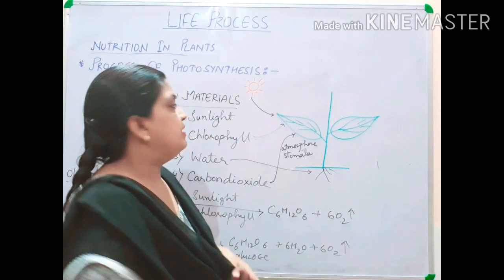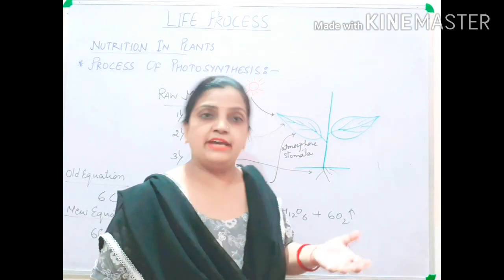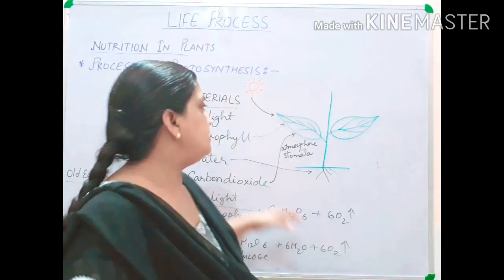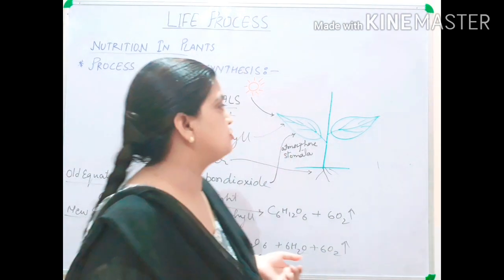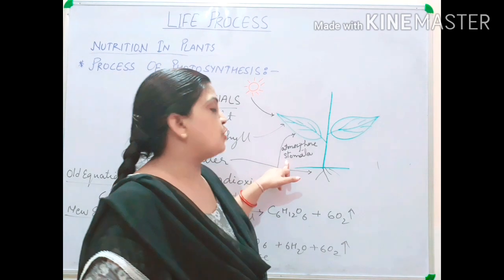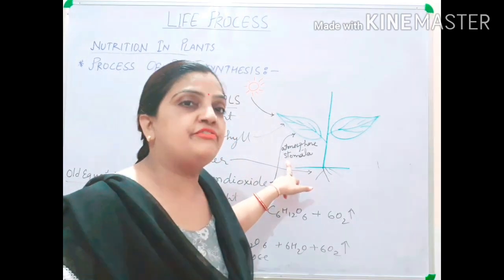So children, it doesn't mean that the non-green leaf portion doesn't do photosynthesis. There also photosynthesis occurs. But in the green leaves, your chlorophyll pigment is present and photosynthesis occurs over there. And this process is completed by the stomata, by the diffusion process.